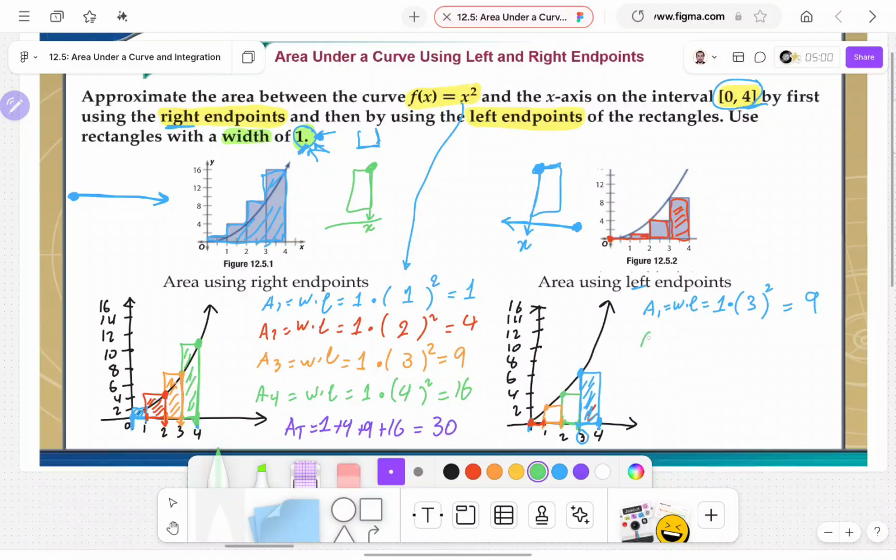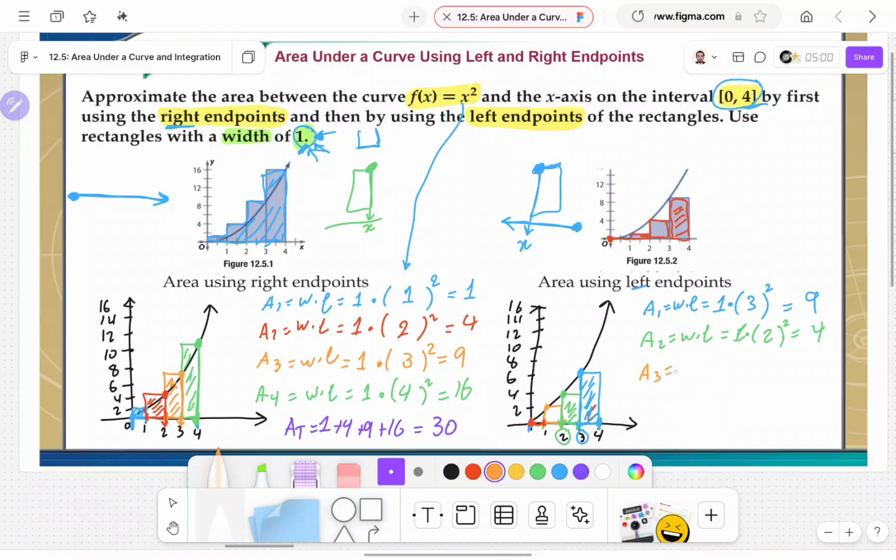Now area number 2, width times length. Width is equal to 1, times the length. As I told you, you need to go to the left, go down. What's the point here? It is equal to 2. So 2 squared is equal to 4. Now let's do the third area.